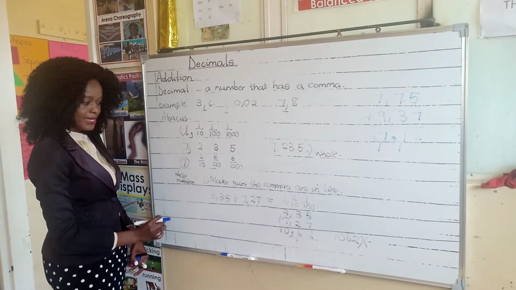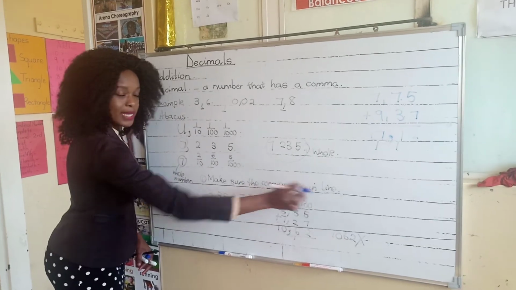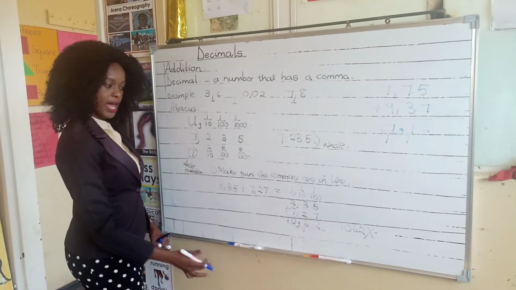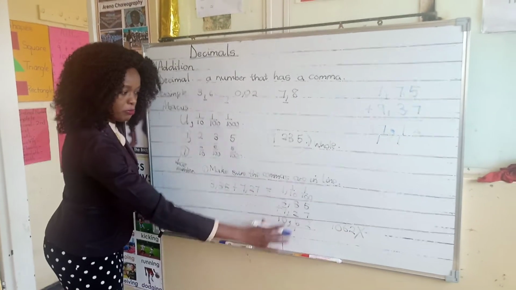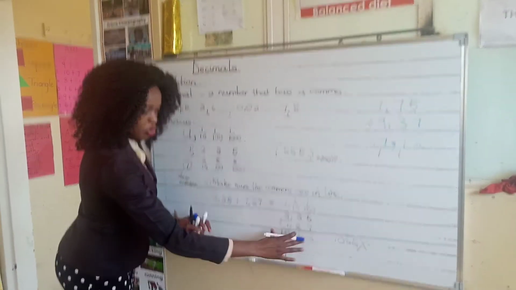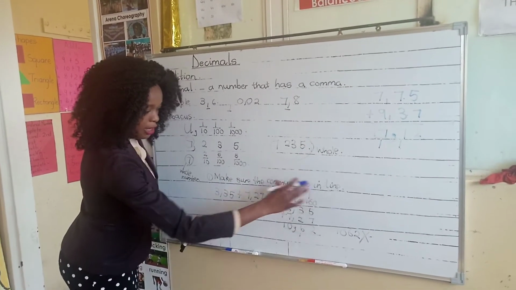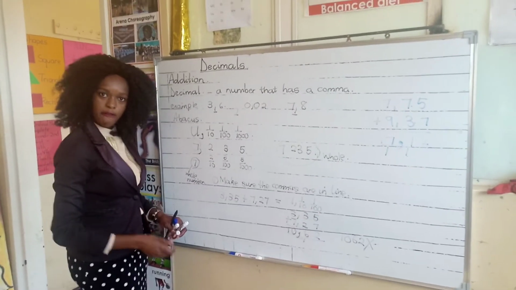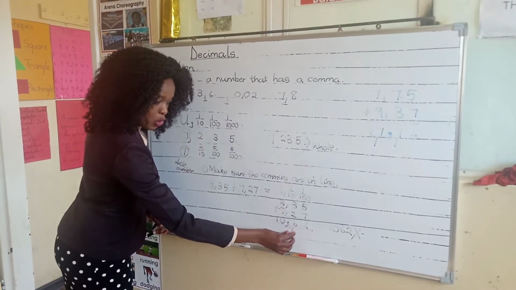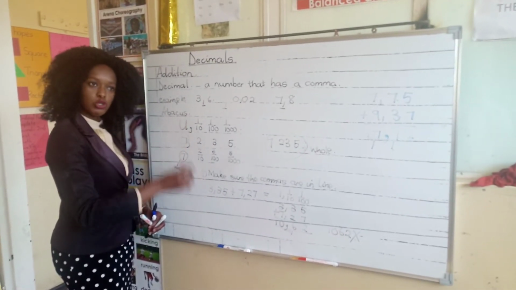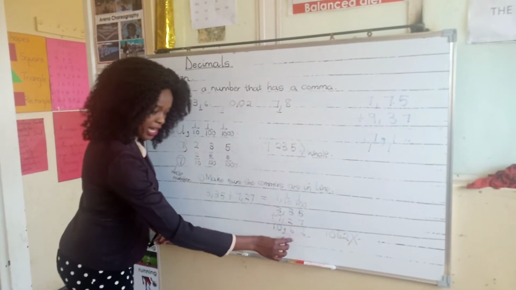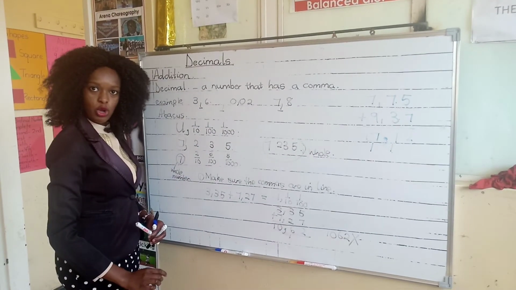So when you are adding, make sure the commas are in line, and make sure your working goes down, so that you are able to add correctly. If you are carrying, you can carry it below, or others can carry on top, depending on whether you are able to remember. Remember that your carried number, you must add it as well.